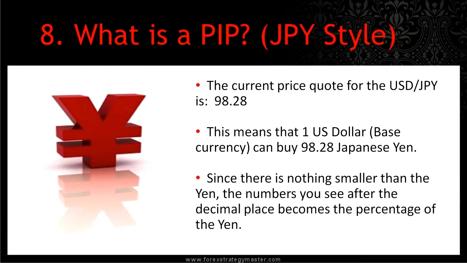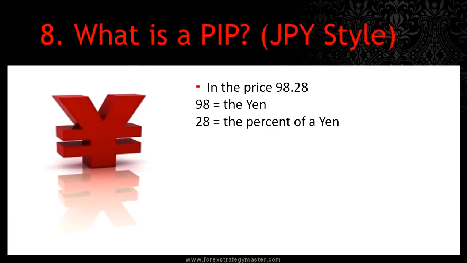Since there's nothing smaller than the yen itself, the numbers you see after the decimal place become the percentage of the yen. The whole yen is kind of like a cent, so the decimal places become the percentage of that cent. In the price 98.28, 98 is the yen, and the 28 is the percentage of a yen.